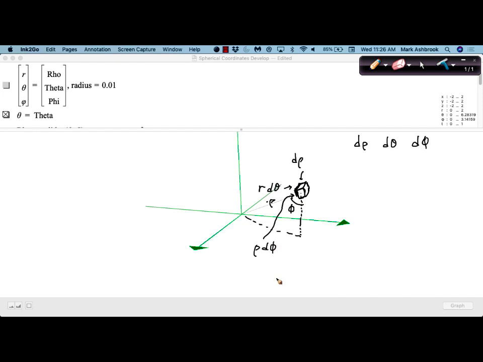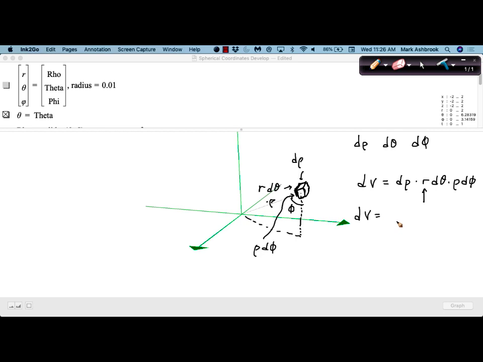So we've got it. What is our dv going to be? d rho, r d theta, rho d phi. Are we done? This is length times width times height. It's still got the r in there, so I need to change the r into spherical coordinates. What is r in spherical coordinates?